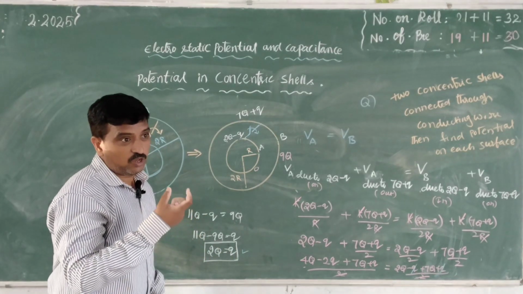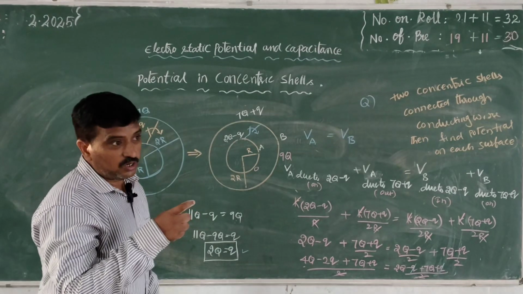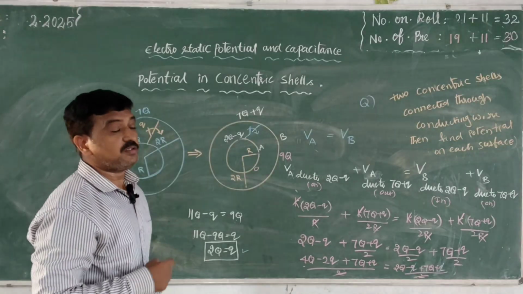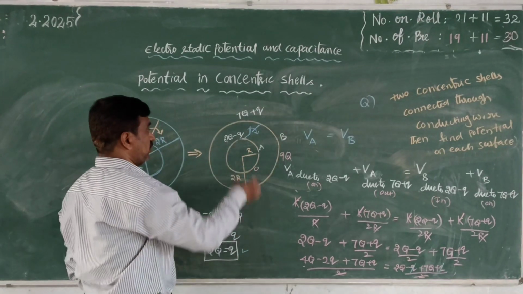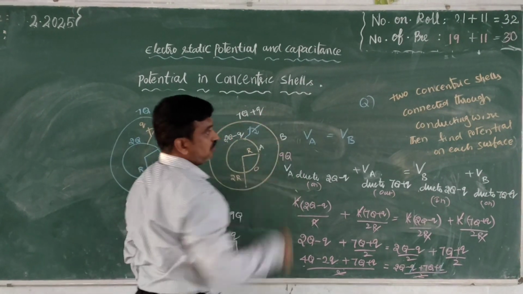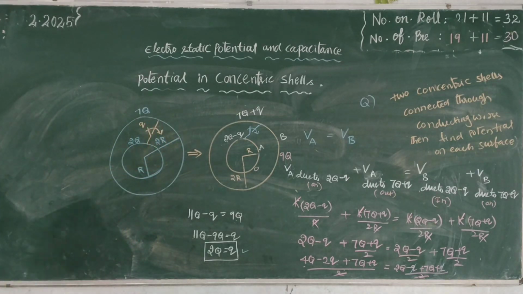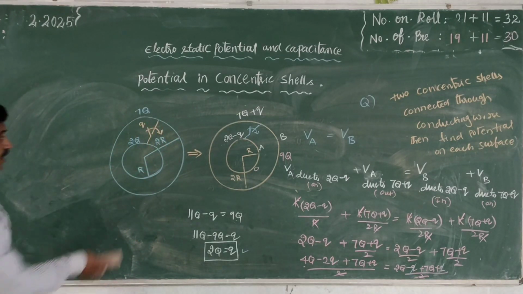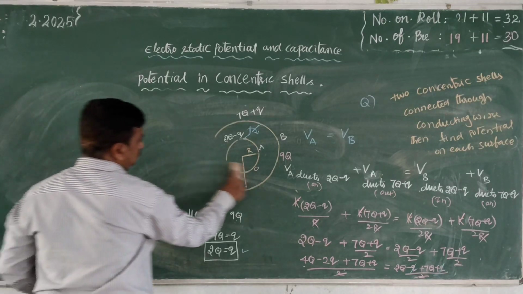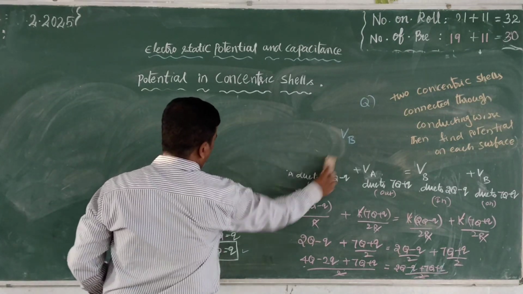Because we already have the condition that in all conducting cells or spheres, charge always resides on the surface. That's why whatever charge is here will be transferred to the surface. Next we discuss conducting cells, how the charge is distributed on the inside surface and outside surface.